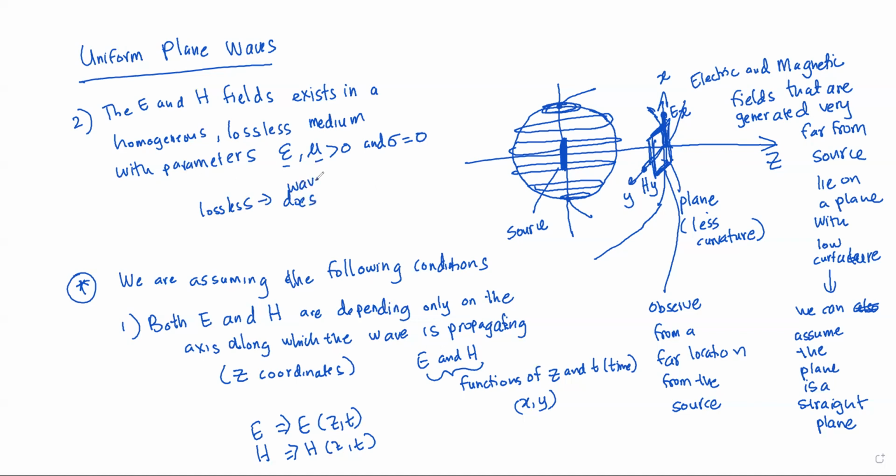The wave doesn't attenuate, so the attenuation does not happen. Therefore, the amplitude of the wave will remain constant in this space. We are just going to assume free space, and then we can apply it to other mediums. Since we are only analyzing the very simplest form, we are assuming that the wave doesn't attenuate in this medium.